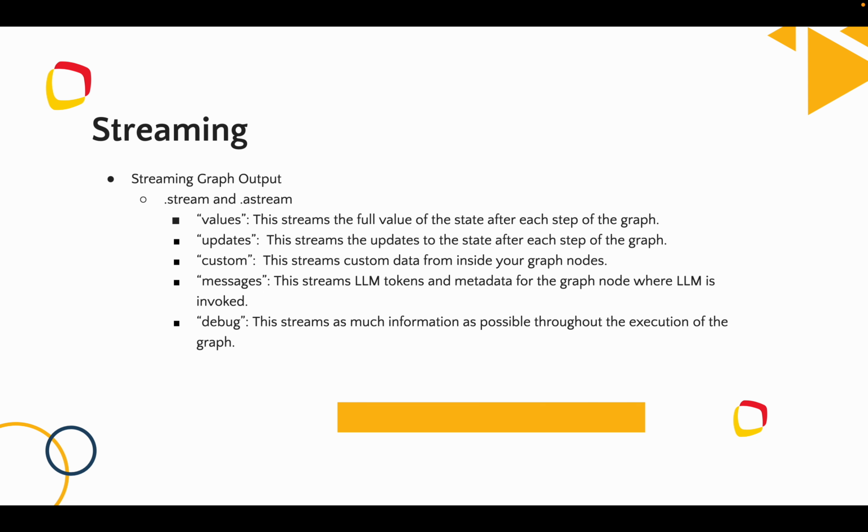The fourth one is messages, which means we can stream the LLM tokens and metadata generated from LLM models like OpenAI and Anthropic. Then the final one is debug, which will stream all the debug information back to the users. So these are the different modes supported by LangGraph.